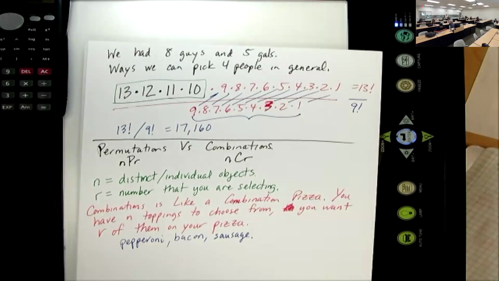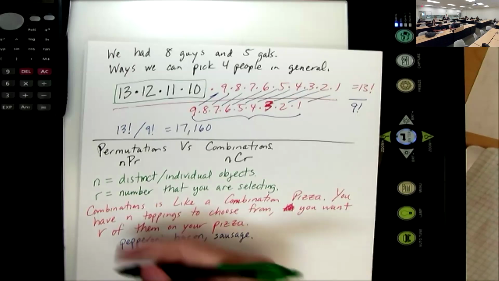You're putting together the pizza, does it matter if you put the pepperoni down first, the bacon and the sausage? Does it matter to the final outcome of the pizza? Not really. The order that we put them on the pizza doesn't really matter.